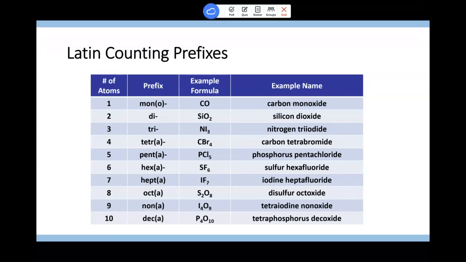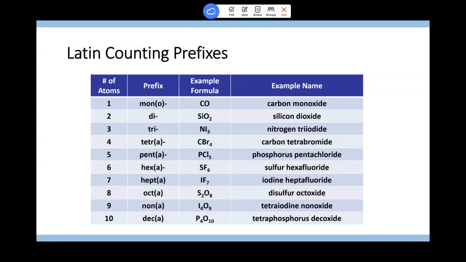And then I want to talk about these down here. So all of these have one of the first atom. So one iodine, one sulfur, one phosphorus. So we don't change that first atom name. We keep it as iodine, sulfur, phosphorus. In this example here, we have 2 sulfurs and 8 oxygens. So in the name, we use di to communicate there's 2 sulfurs, and then we keep the name sulfur as it is as the element name.